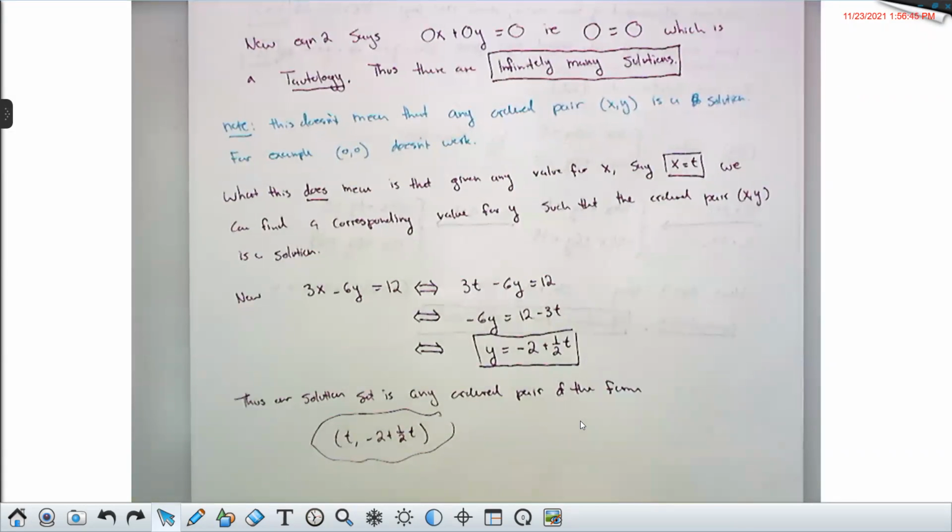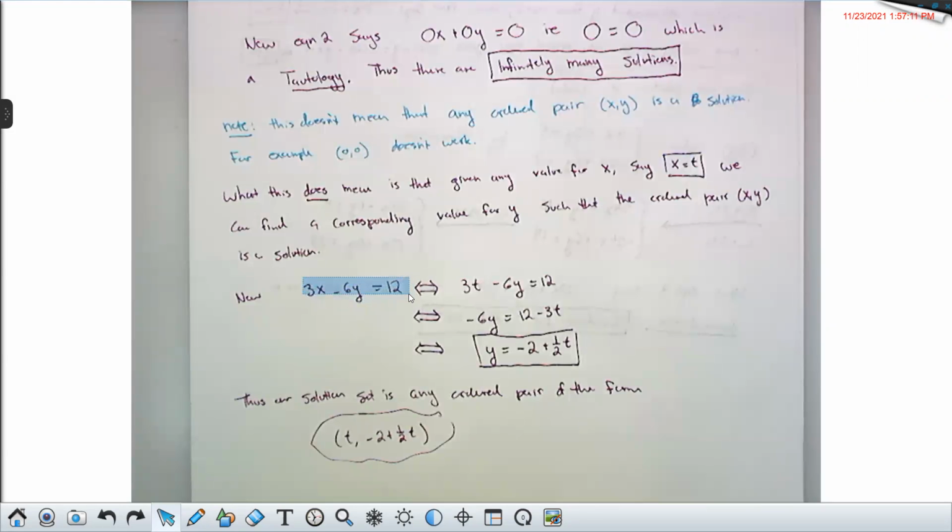That's it. So if you have infinitely many solutions, that means you need to describe them. What are they? Well, they're all the ordered pairs that live on that line. Remember, both of those equations are the same line. And the way you describe those is by just letting x be a free variable and figuring out what the y value has to be.